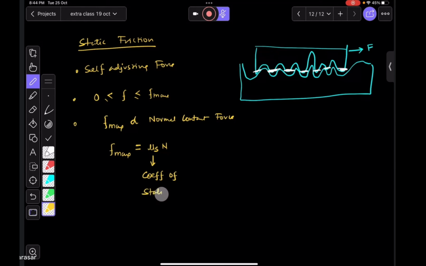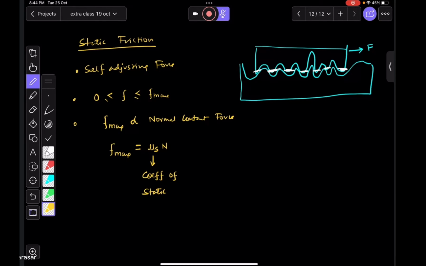Now suppose I have two surfaces which are oiled, or some lubricant is placed between them. In that case, even if you have more normal contact force, the friction force will not be much more as compared to the one that is not lubricated. So friction force does not just depend upon the normal contact force, it also depends upon the properties of the surfaces in contact.